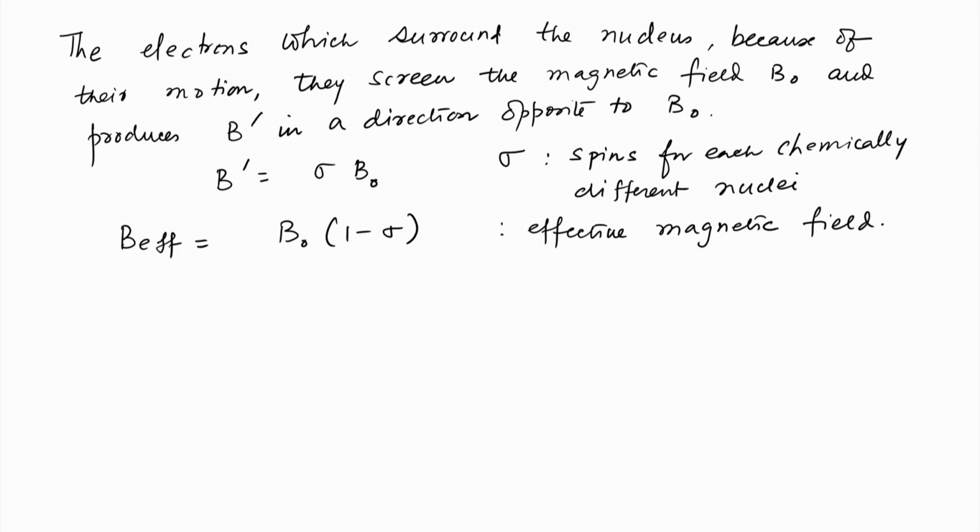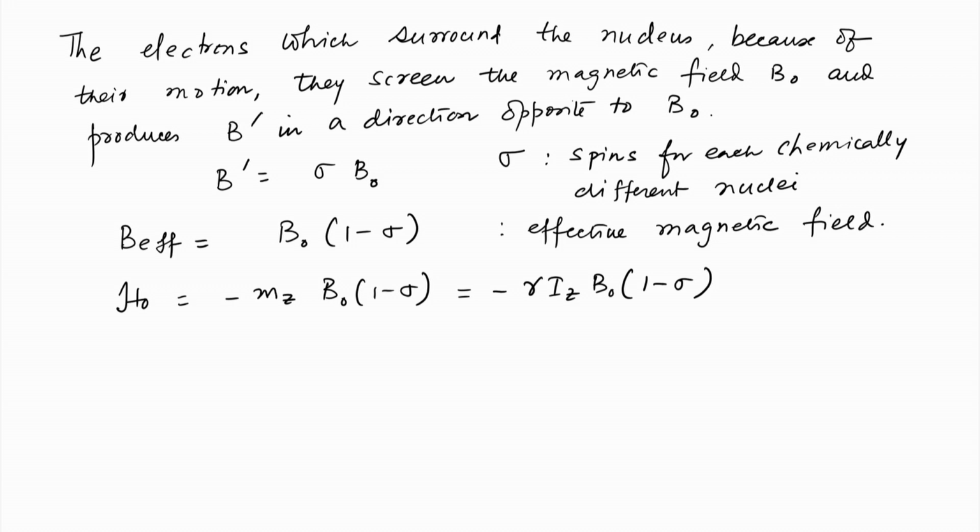And so, the Hamiltonian takes a form which is H 0 is minus m z B 0 times 1 minus sigma, and so it is written in terms of the nuclear spin as minus gamma I z B 0 1 minus sigma, and so on.